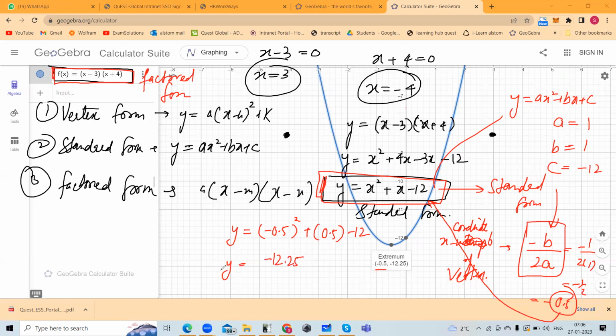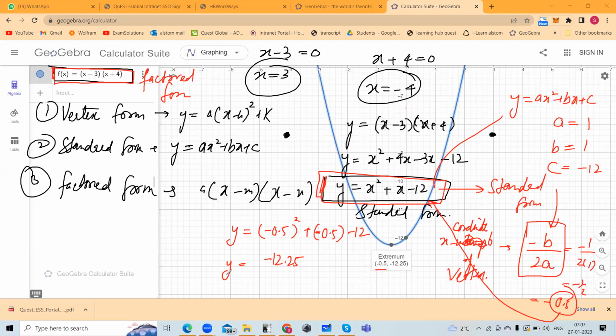Let me quickly check. Oh, it's negative 0.5 here in the middle. It's negative 0.5 squared plus negative 0.5 minus 12.